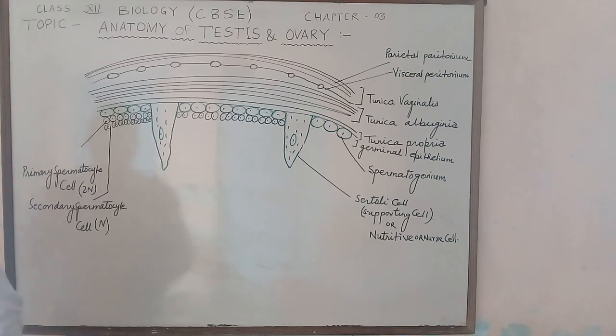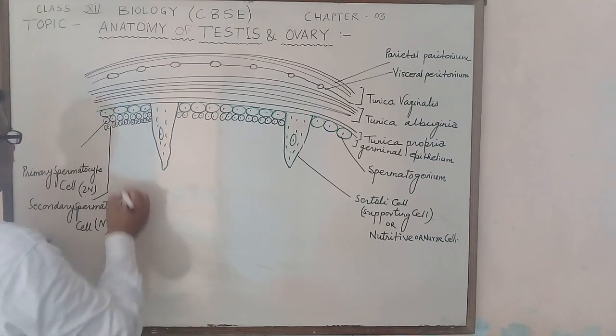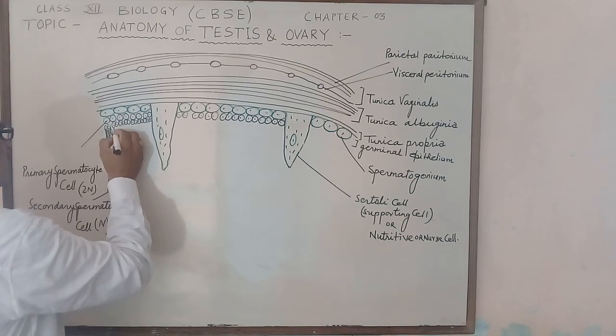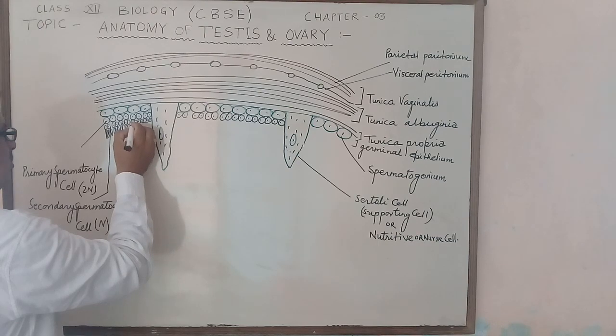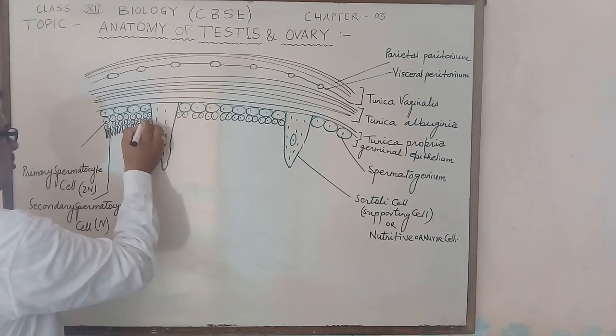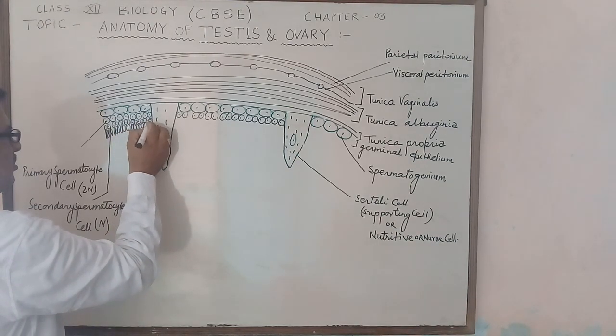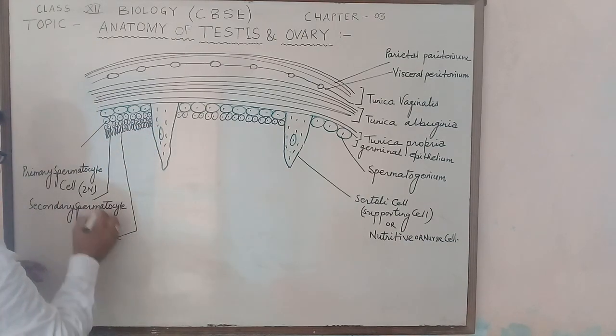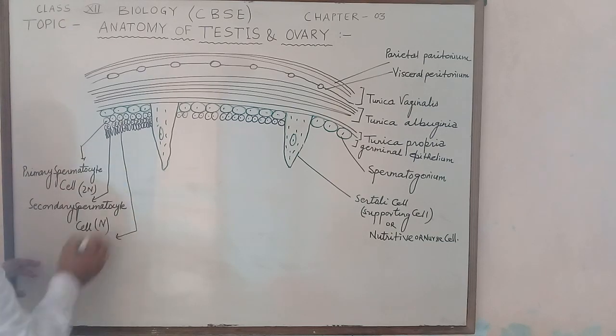Here, the secondary spermatocyte cell divides into two cells which are generally oval in shape. These cells are called spermatids. The spermatid is also a haploid structure.